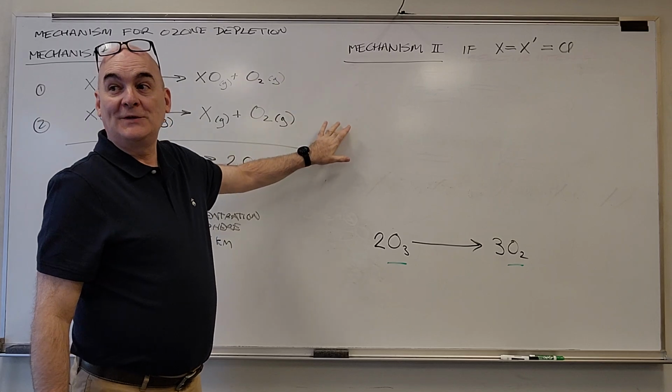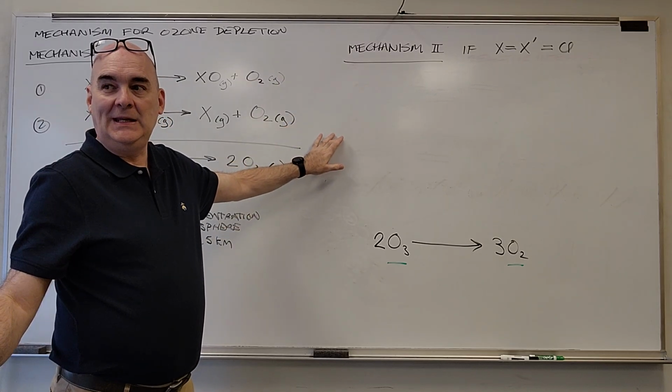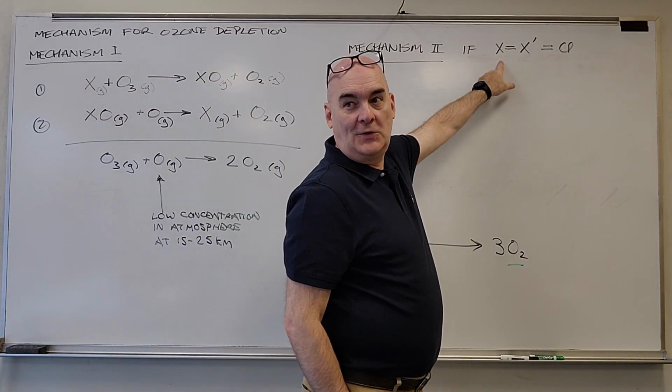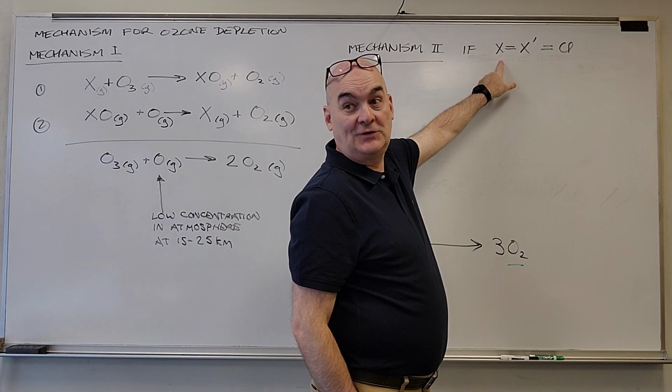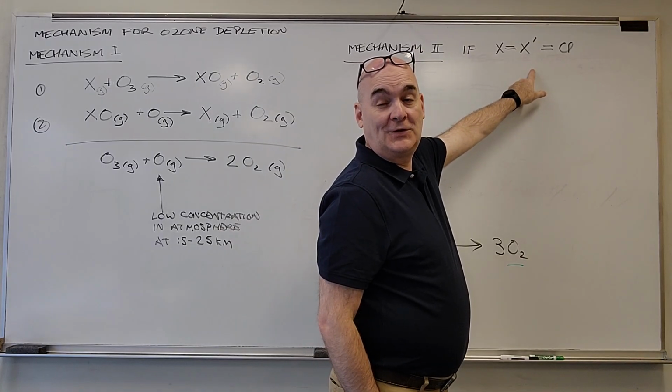So I had line 1, line 2, and line 3. Line 1 and line 2 are only needed if the identity of the atom causing the initial ozone to cleave is different from in line 2.